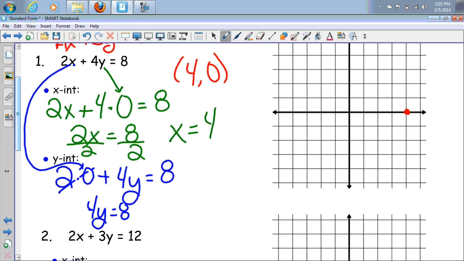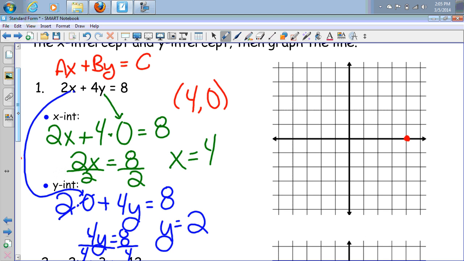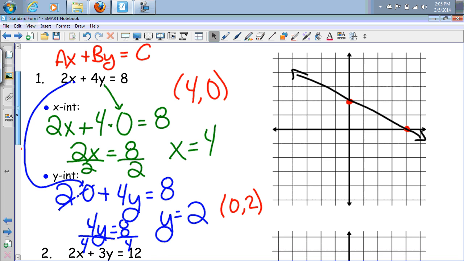How do I solve to find y? I need to divide both sides by 4. We get y equals 2. This means on our graph, on the y-axis, where y is positive 2, we have a point. That point is (0, 2). Now we can make a quick sketch of our graph. We draw a line connecting these 2 points, and that would be our line from this linear equation.